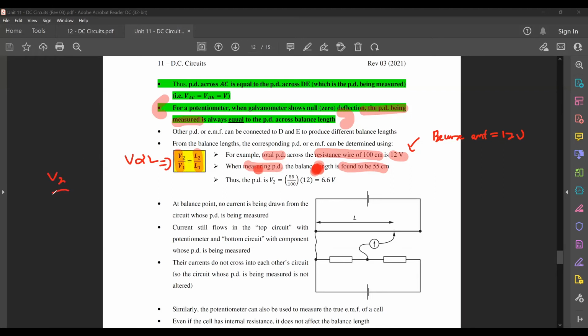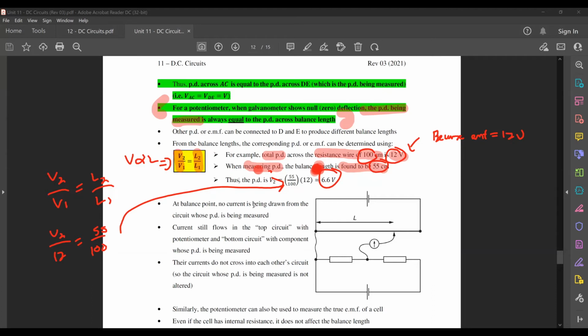V2 is the voltage I want to measure right now. V1, I already know the first case is 12 volts for a length of 100 centimeter. For the voltage I want to measure, the length is 55. So the PD that I want to measure is going to be 6.6 volts. Okay, this is how I would do the calculation.